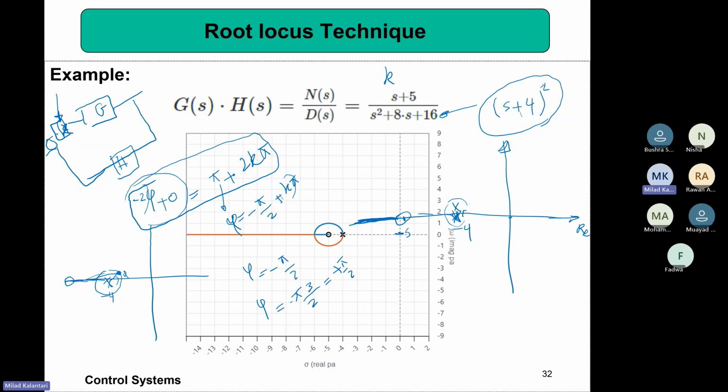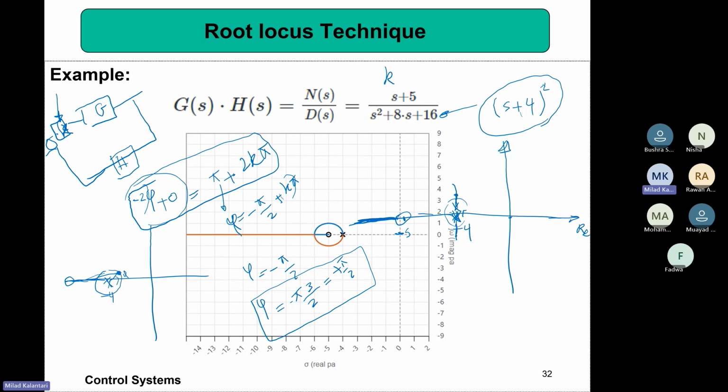It says that the trajectory of the pole to exit is plus pi over 2 and the other one negative pi over 2, right?